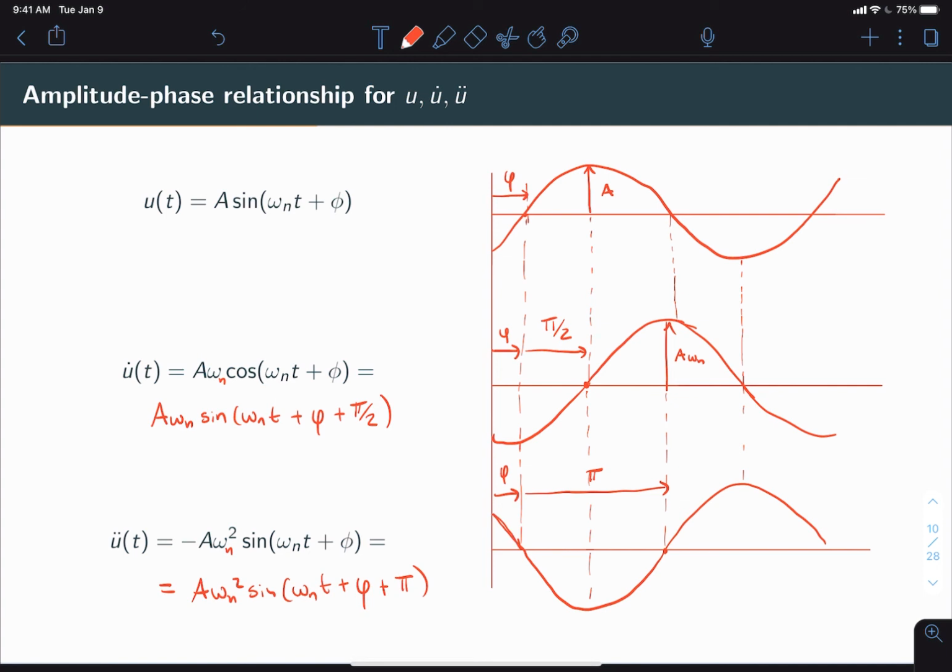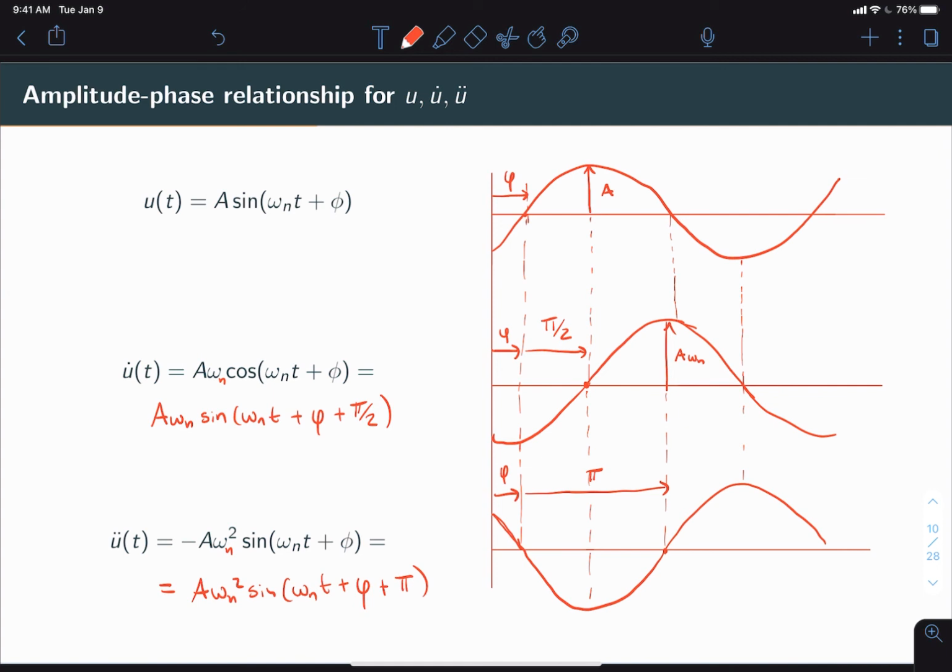Okay, so this is just a visualization of what happens when we go from displacement to velocity to acceleration. Notice that the signal actually does shift. So this shows us that acceleration, velocity, and displacement peak at different times, right? They don't all peak at the same time. That makes sense, right?